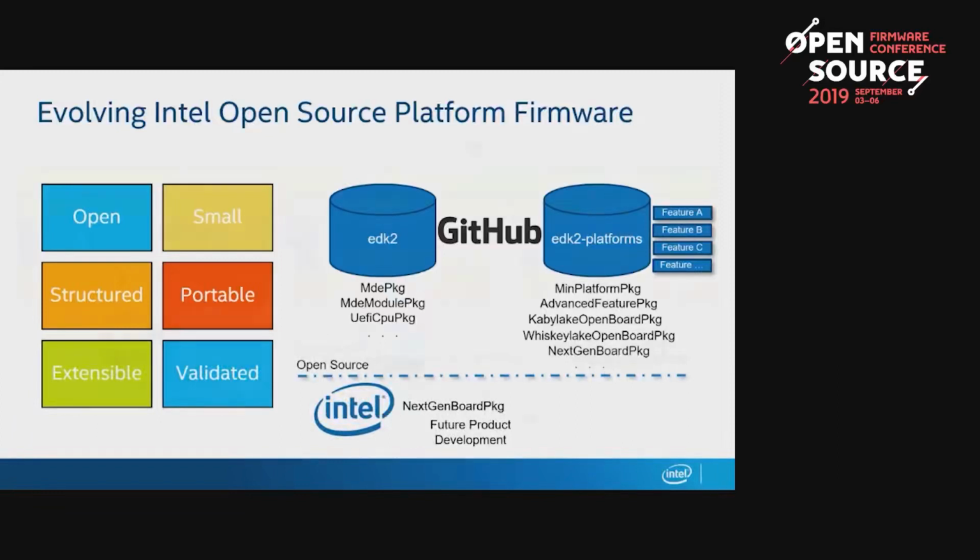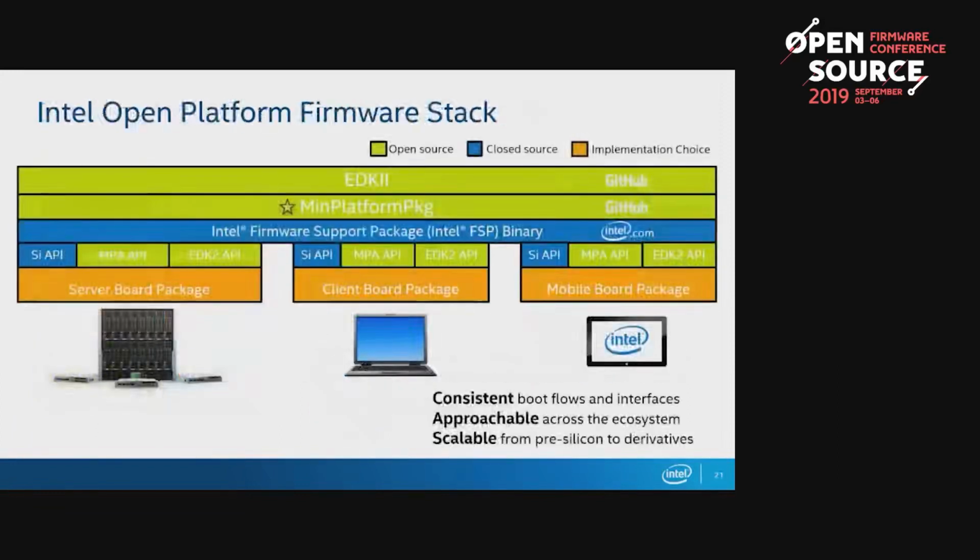If you look at the open platform firmware stack, the way that we see it is EDK2 is our core code across all of the different computing segments. The Min platform package is there as well. So whether you're building a server system, client, or a mobile system, those are the consistent pieces that you use as is. The Intel FSP is our way to initialize the Intel silicon.